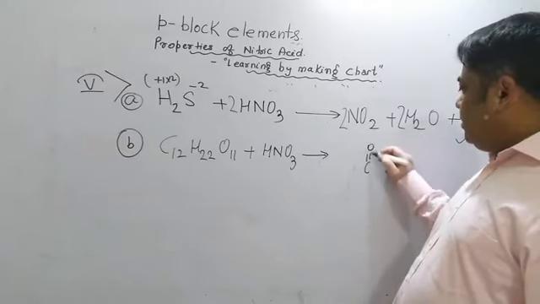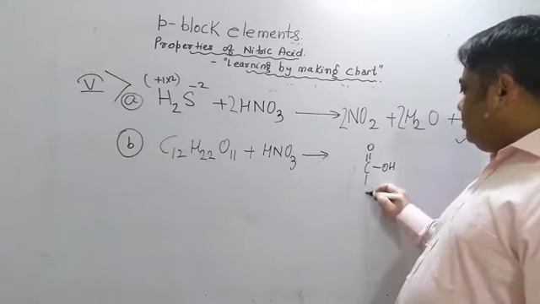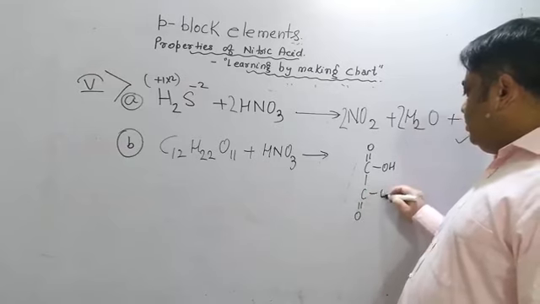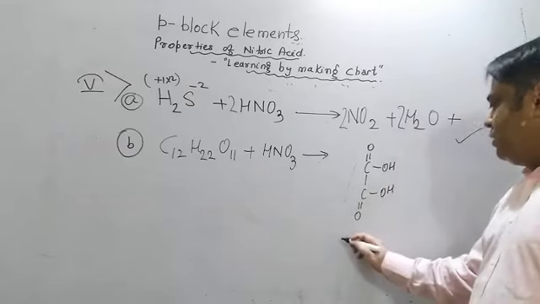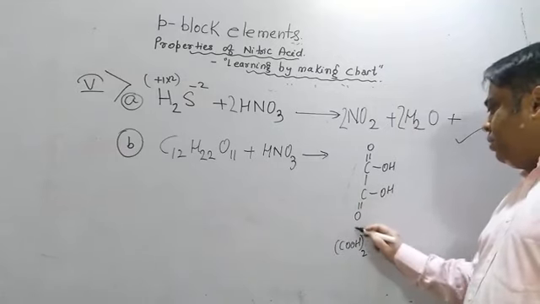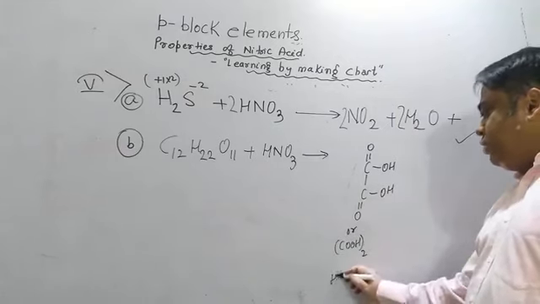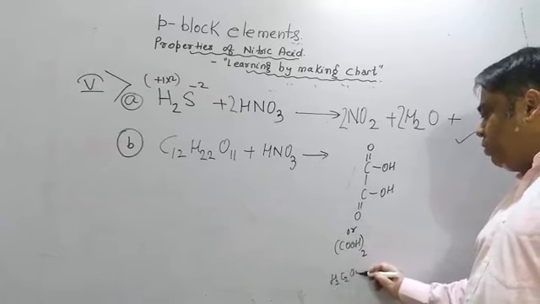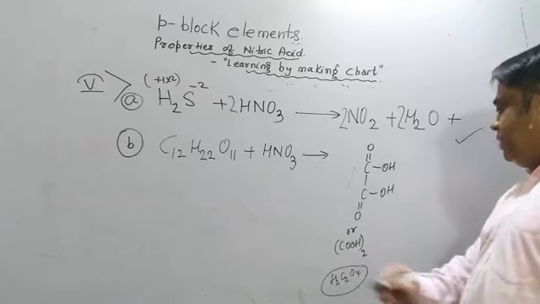Oxalic acid is like this. It is also written as (COOH)2, or it is also written as H2C2O4. It is a dibasic organic acid.